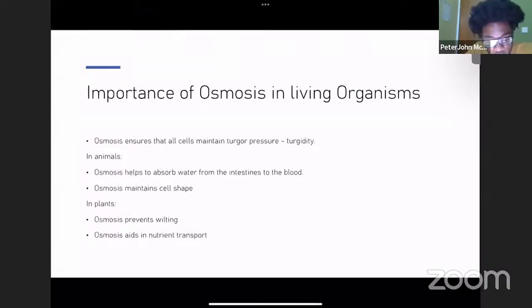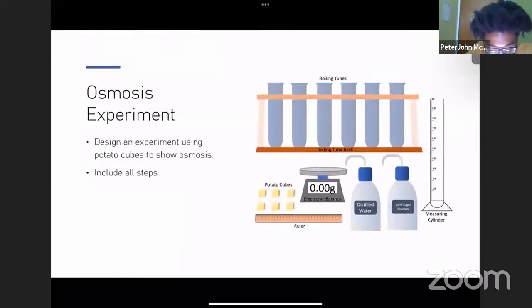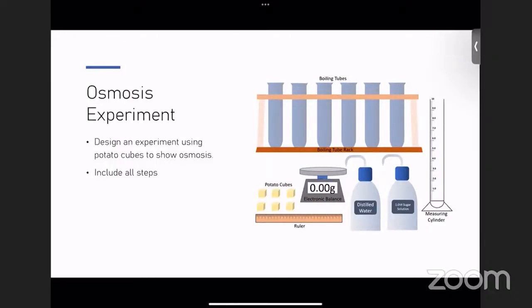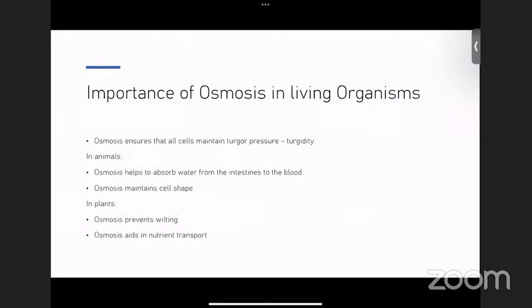Here's an experiment. If I were to say, design an experiment using potato cubes to show how osmosis works, use that stuff and just tell me what you would do. Could you go back to the previous slide? I wasn't finished. You can take a screenshot here.